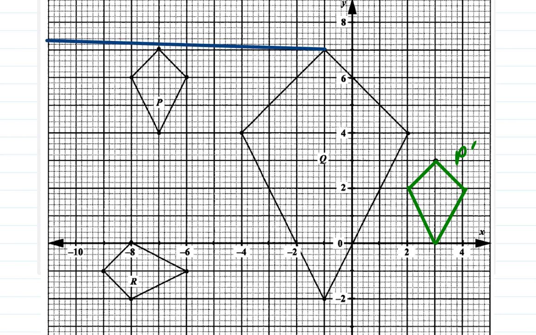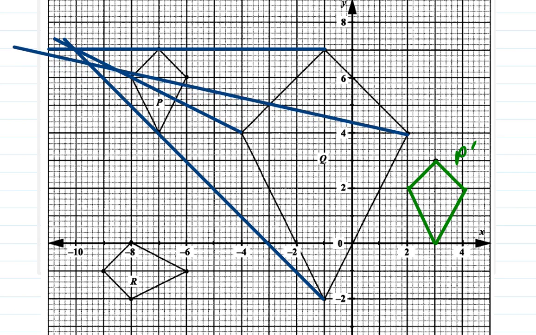The top of the triangle, pass a line through the tops, and that's where they are. Let's pass a line through the bottom of the triangle, and that's where you end up. You can see where the center of enlargement is already, but let's also do the left and the right of the triangle. All lines should pass through the same point, which is right here.